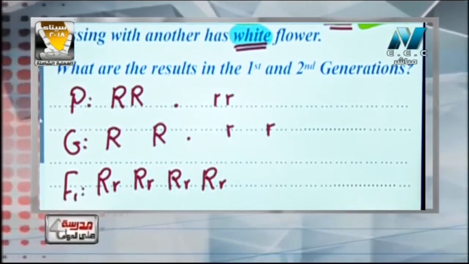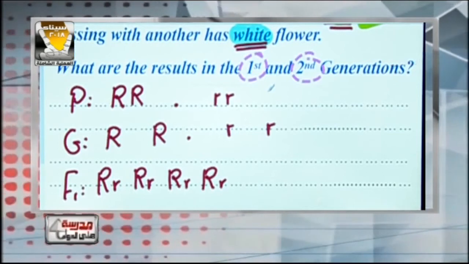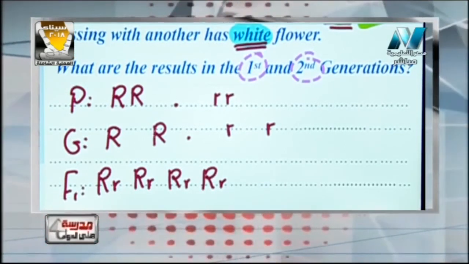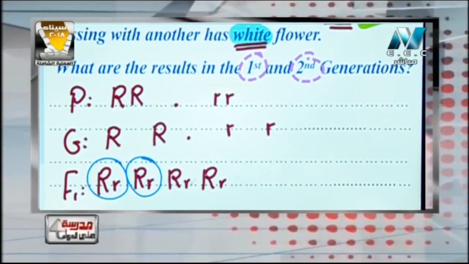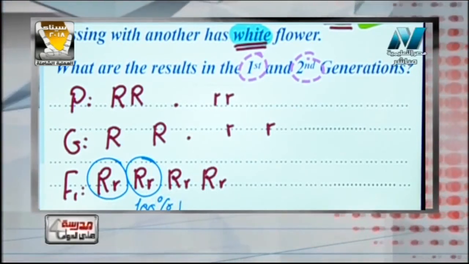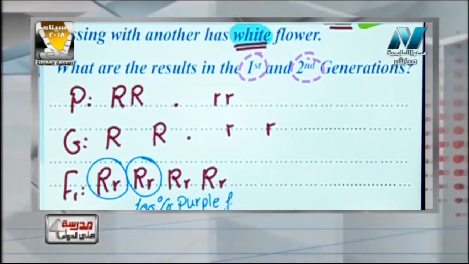But in this problem it says the first and the second generation we should complete. So how do we make the second generation? We pick two individuals from the first generation, any two, because all are 100% purple flower.